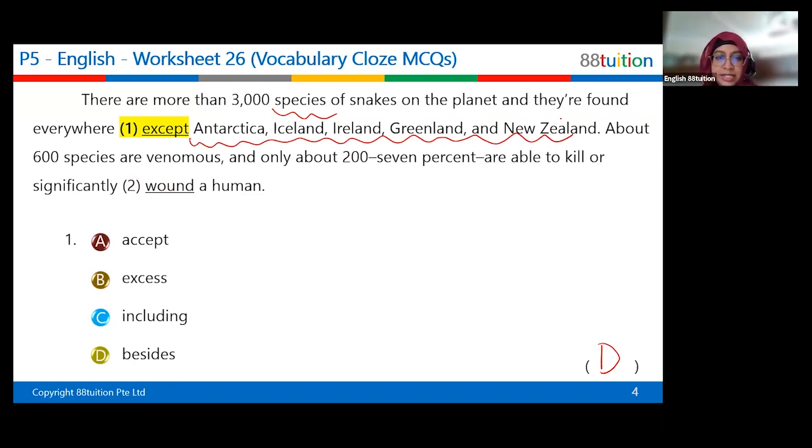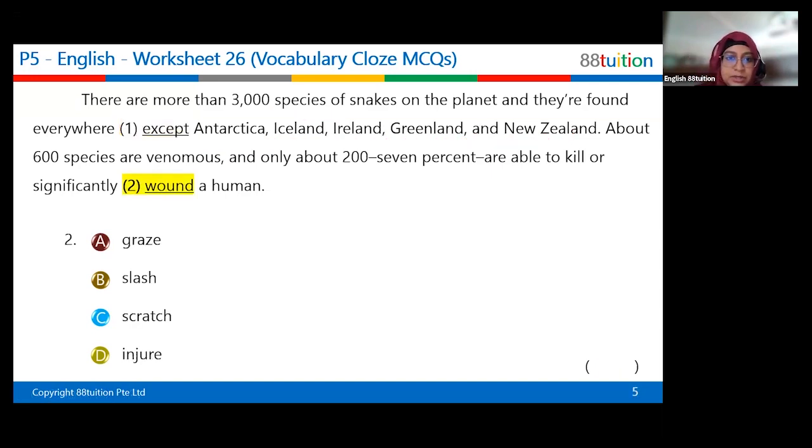Has anyone visited these places? Anyone been to Antarctica? I don't think any of us have been to Antarctica. Maybe some of you have visited Iceland, Ireland, Greenland, or New Zealand. Something interesting: over there, there are no snakes, which is good. Let's go to the next one.